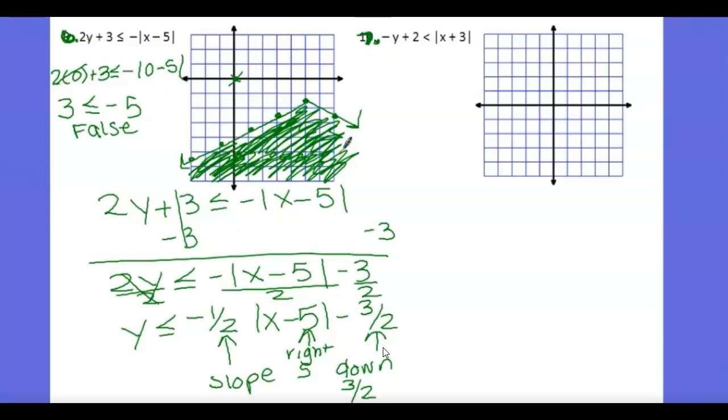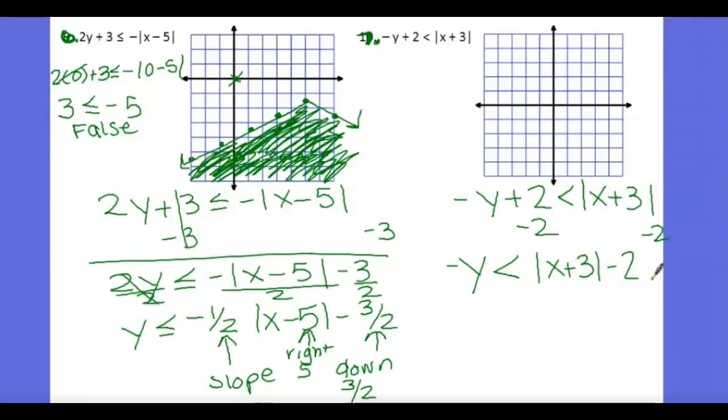Okay, same thing in the next example. We are going to solve for our y value. So we're going to subtract 2. And then we are going to divide by a negative. Now you need to recall that with inequalities, if you divide by a negative, it changes the direction of the inequality.